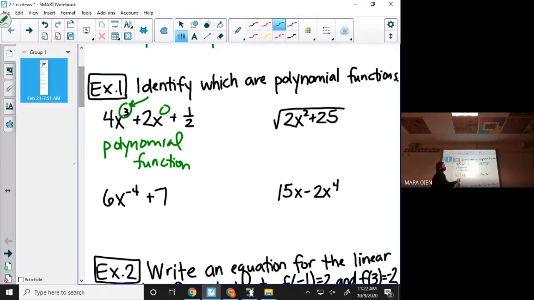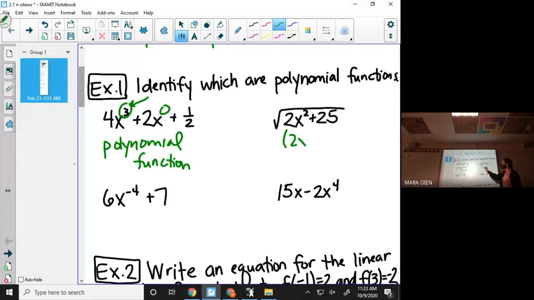Technically, we identify it by its biggest exponent. We could call that a cubic function. This next one over here, as soon as I do something a little bit strange to it, we're going to say not a polynomial function. Now, don't try to simplify this and say that's the square root of this and the square root of this, and I can take the square root of 25 and the square root of x squared. You can't separate square roots of individual quantities.